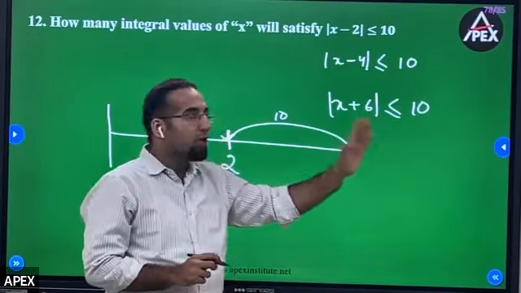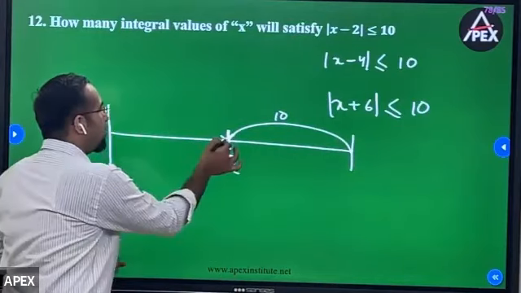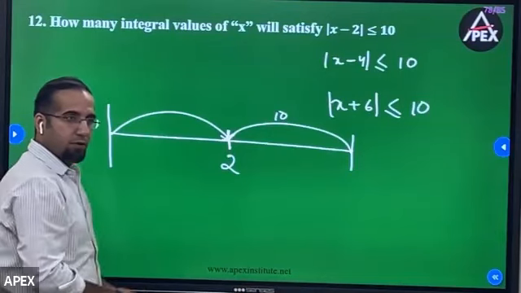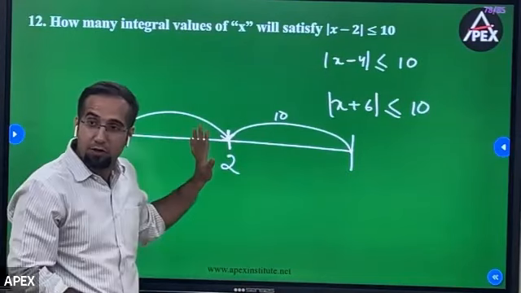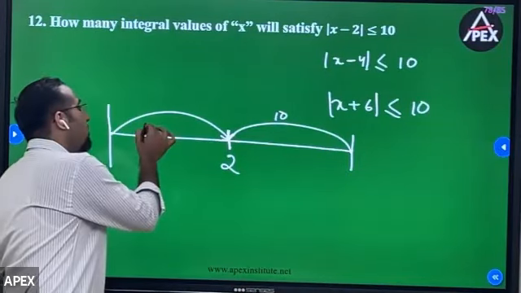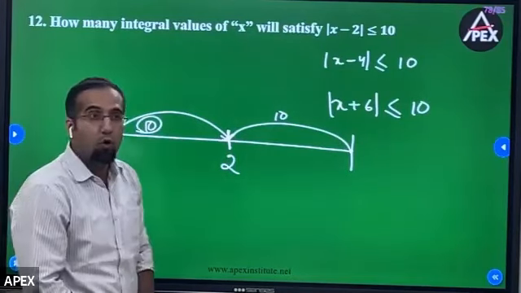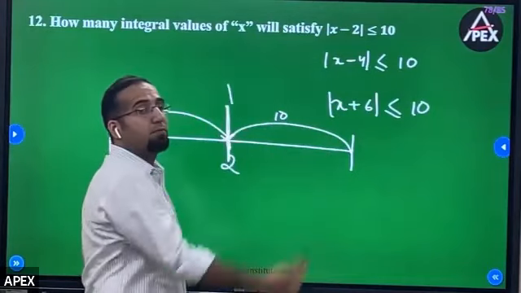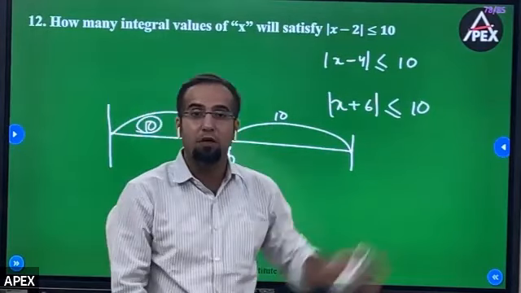Similarly, less than or equal to, I will cover all the 10 units on my left. If this is an integer, each of the 10 units will also be an integer. That means all these values will also be considered. Don't forget where you are sitting. This is also an integer. So your answer becomes 10 plus 10 plus 1, which is 21, for all the three questions.